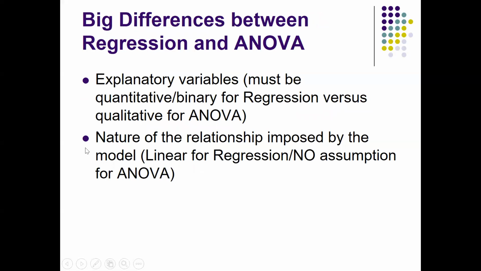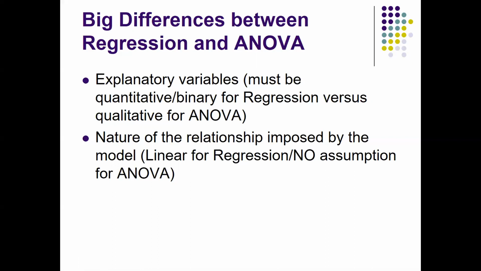So the big difference between regression and ANOVA is that in the regression model, the predictors are either continuous, quantitative, or binary. In the ANOVA, the predictor is categorical, or what we call qualitative. And what we're going to see is the regression model assumes what we call a linear relationship of the predictors on outcome.